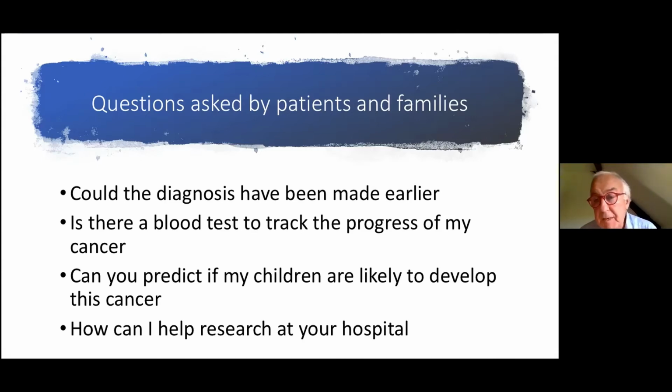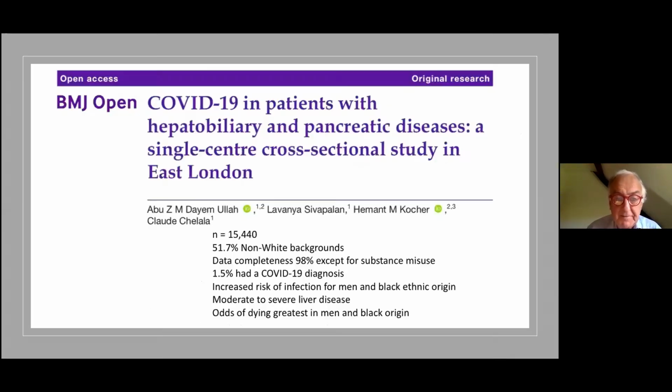And most people wish to help themselves and help others, and ask the question, how can I help research at your hospital? So you'll be familiar with those questions. And I'm a strong believer that annotating a record with real world data is a way to help resolve that.